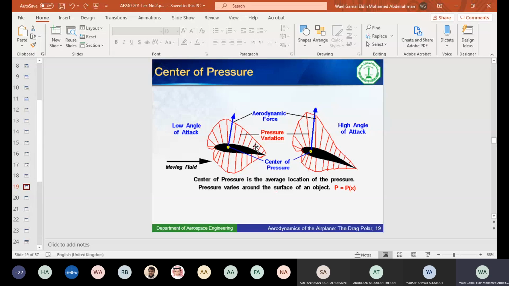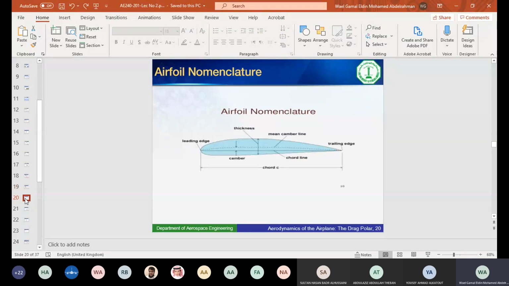Okay, what's the moment about the center of pressure? What's the value of the moment about the center of pressure? Anyone? I think 0, Doctor. 0, because if the resultant is passing through the center of pressure, then there is no moment around the center of pressure. Okay, the center of pressure has a 0 moment.